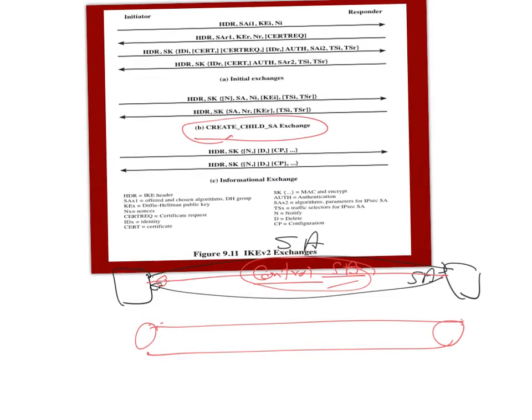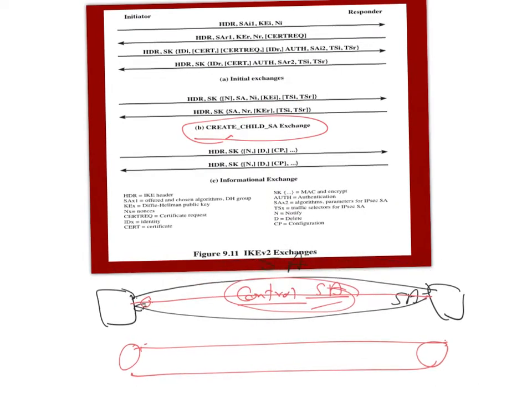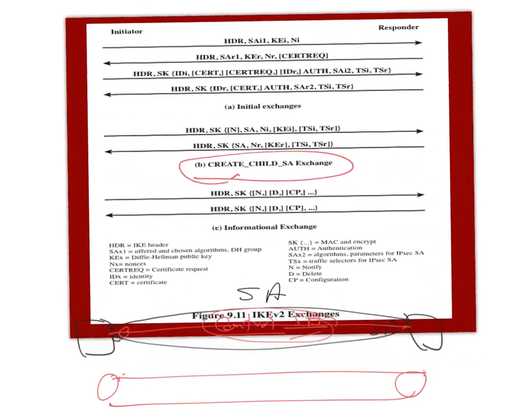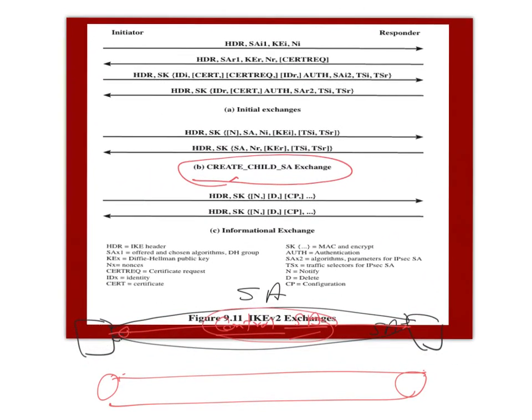So if you go back and look at the key exchange in high level, you see that you have this is to establish the main security association for both directions, for the tunnel itself.